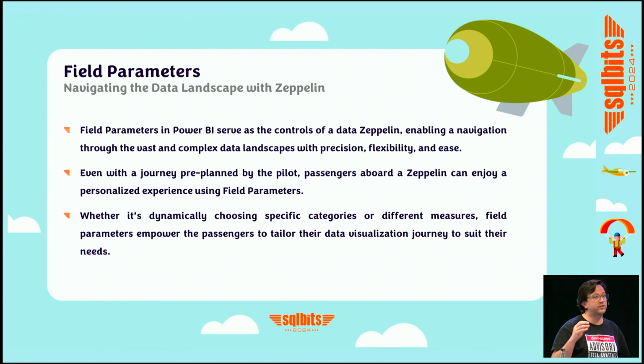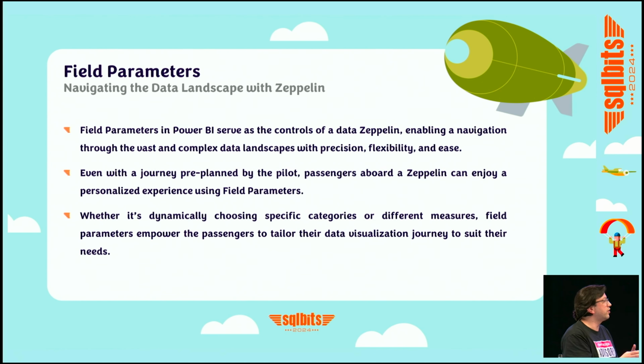Field parameters are flexible, but rely on the pilot for planning the trip. So we will know where we can go, and we will be sure that where we land, nothing unexpected will happen. Everything will go as we expected. So for us, it's a Zeppelin.